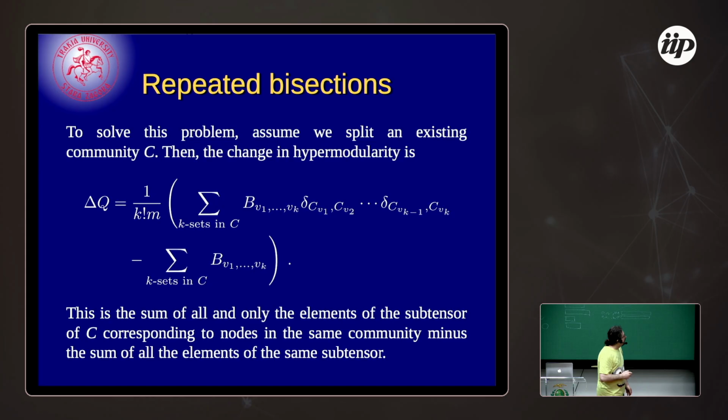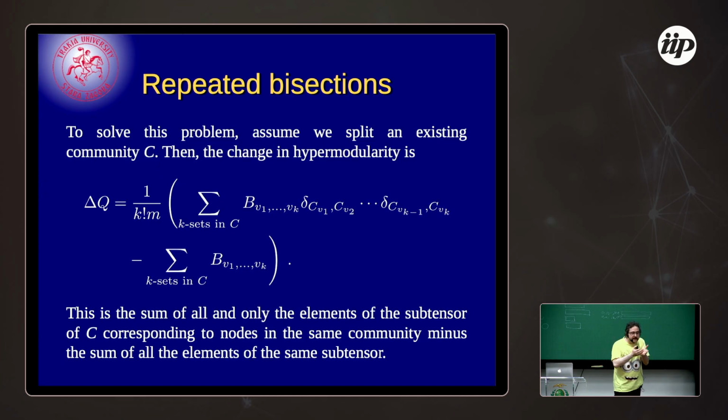Well, 1 over k factorial m, because it's always remaining there. And then we have two terms. The first term is the sum of the elements of the data tensor corresponding only to this community here, times the product of deltas corresponding only to these nodes in that community.